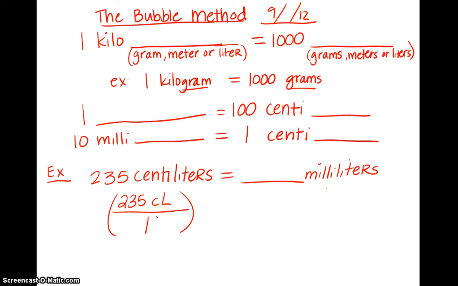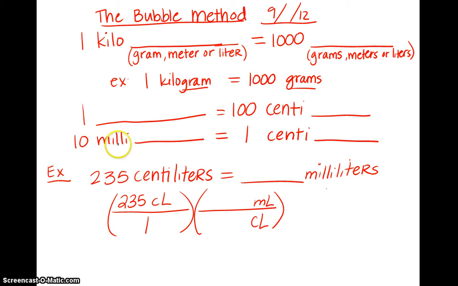Okay, so the next thing you guys are going to do is add your second bubble. Remember, whatever we want to go away goes diagonal. So I want to get rid of centiliters. I stick that diagonal, but I want milliliters. So I'm going to put that up top. Okay, so how am I going to get these two to equal each other?